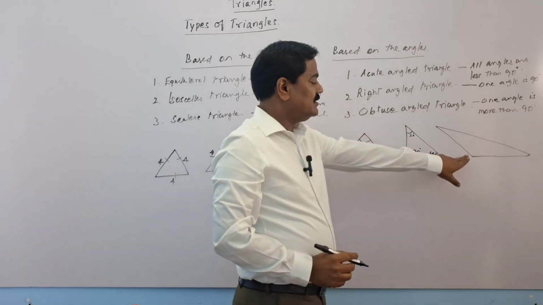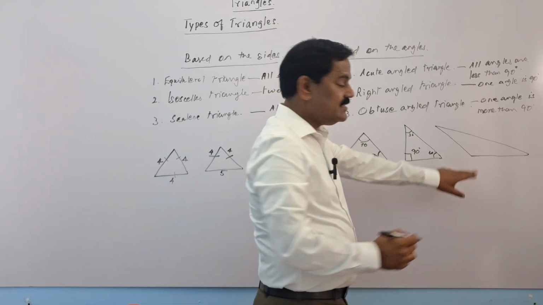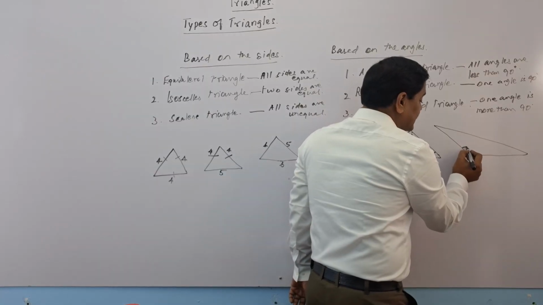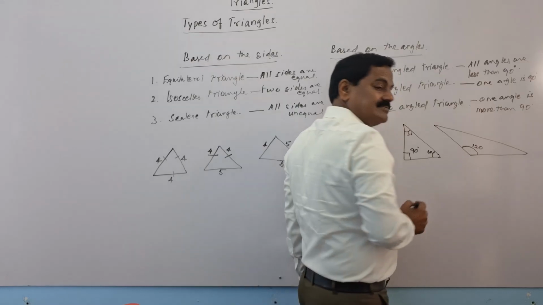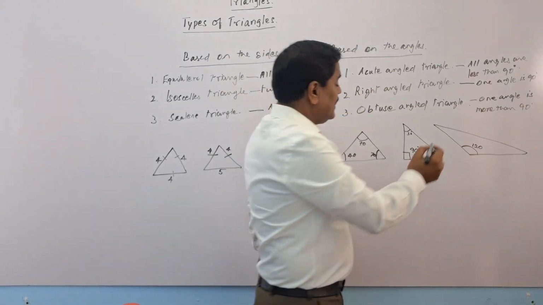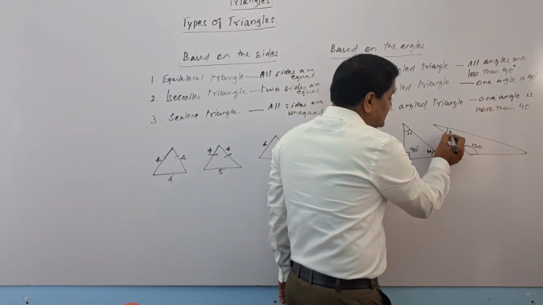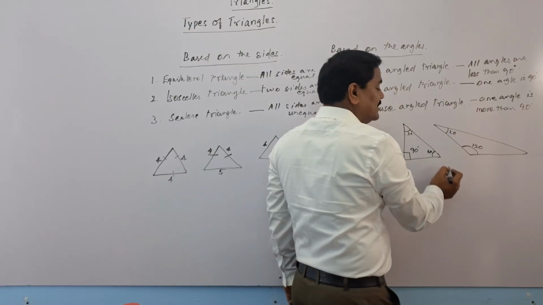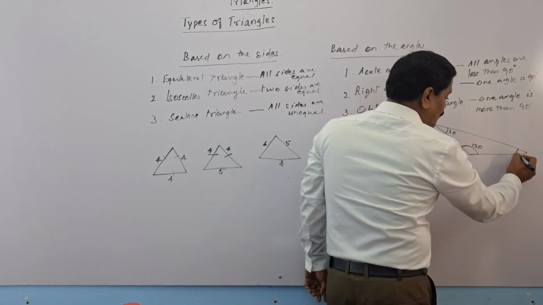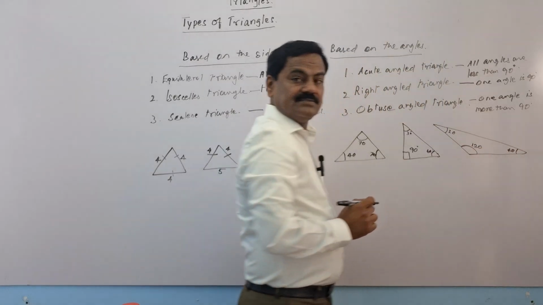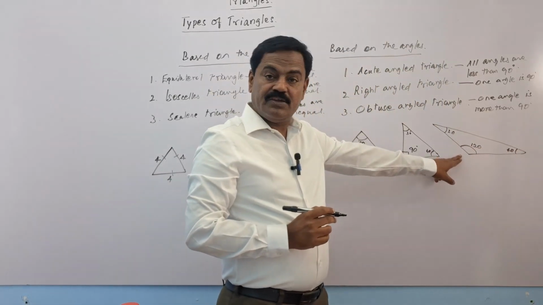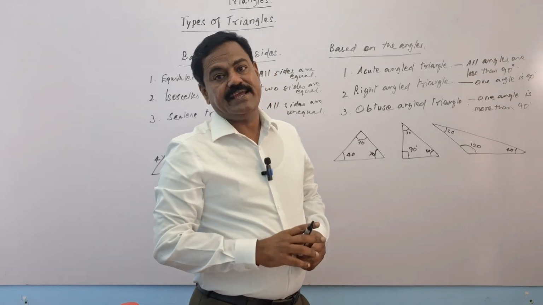You can see here this angle is more than 90 degree. You can say it is 120, right? And here you can say this is 20 and this is 40. If you add all these three angles, it will be equal to 180.